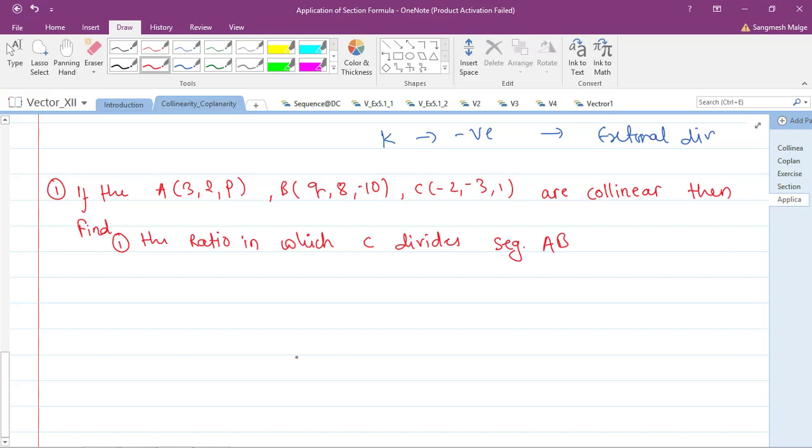We have to find the ratio in which C divides the segment AB, and the second point is we have to find the values of P and Q.